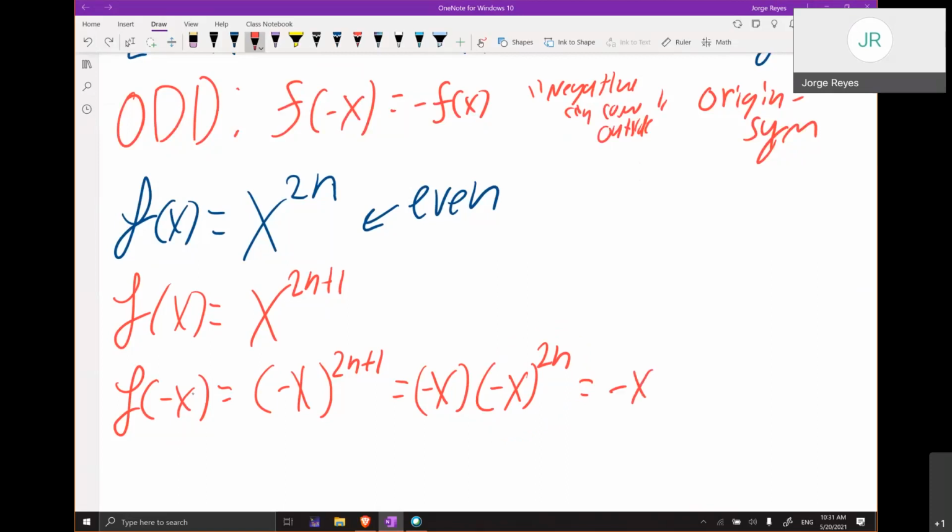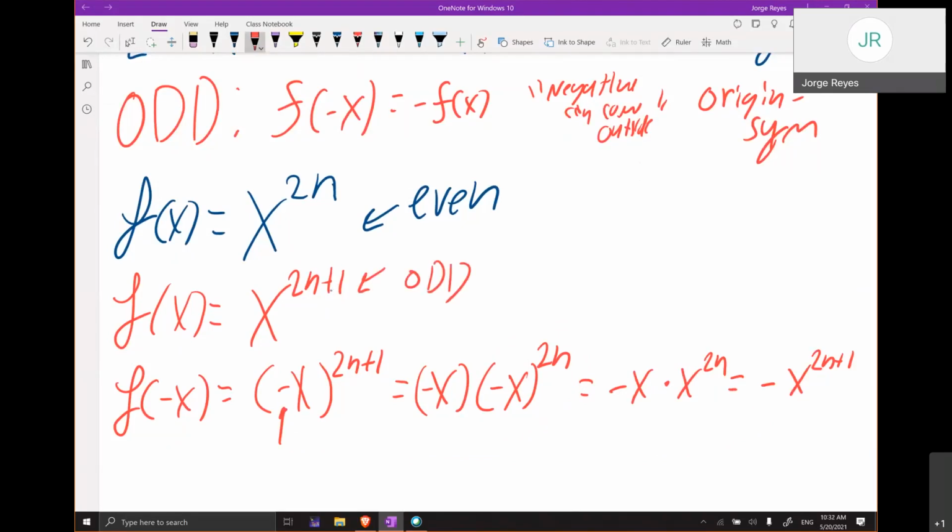So negative x times x to the 2n, which is negative x to the 2n plus 1. And we see that the minus sign went from the inside to the outside, and that's what it means to be odd. So all of the cubes, the fifth powers, the seventh powers are odd. If it has an even power, it's even, and if it has an odd power, it's odd. Mathematicians name these things for a reason, they're related.